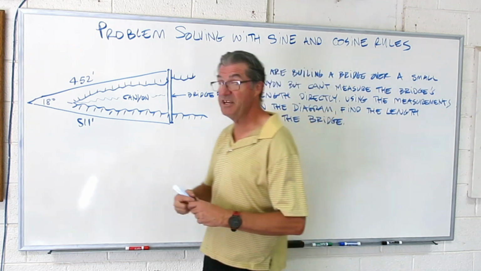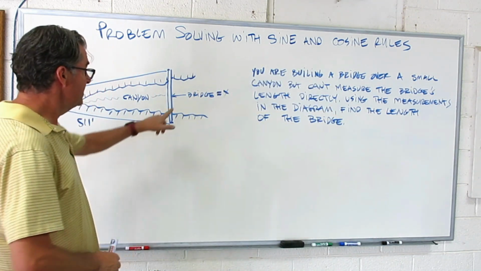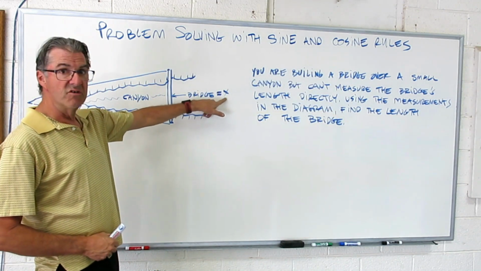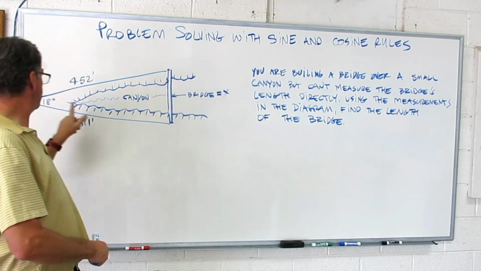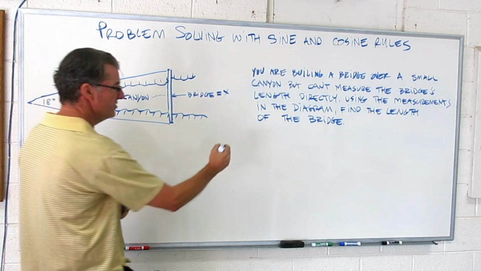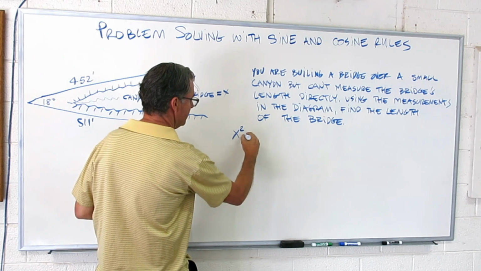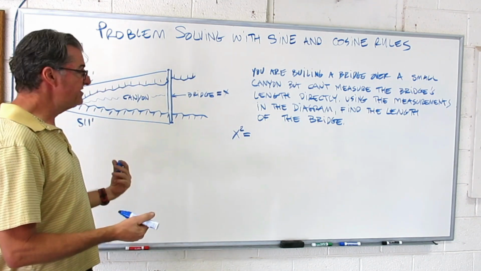Okay, let's see how you did. The way that works is your unknown is always across from the angle, so that's going to be your x squared. We don't know that, so that's x squared.